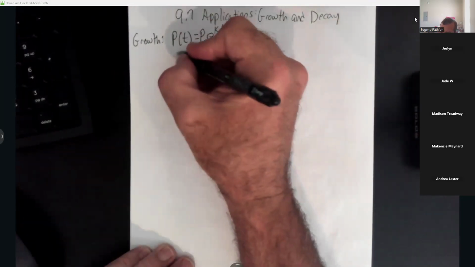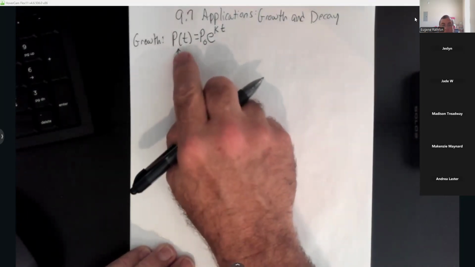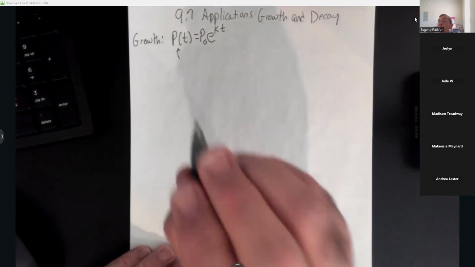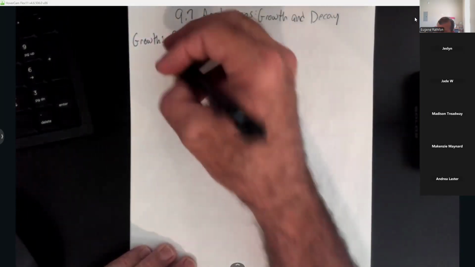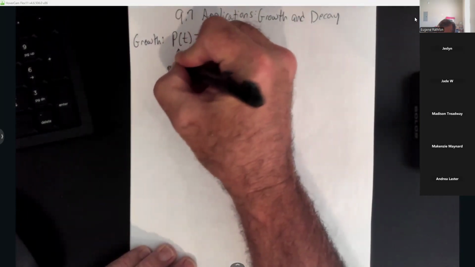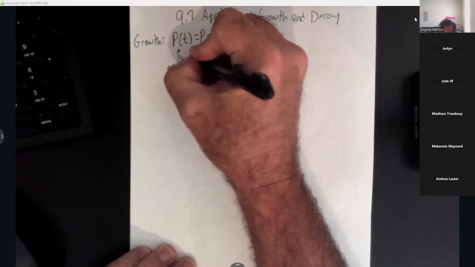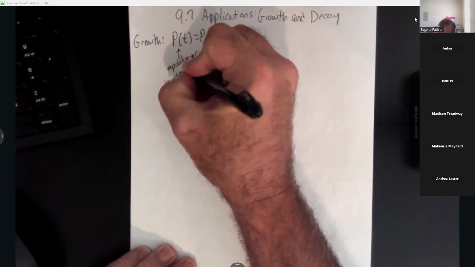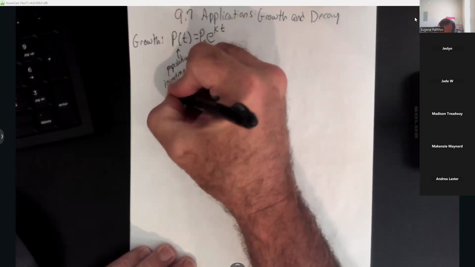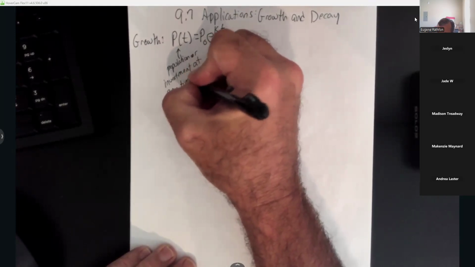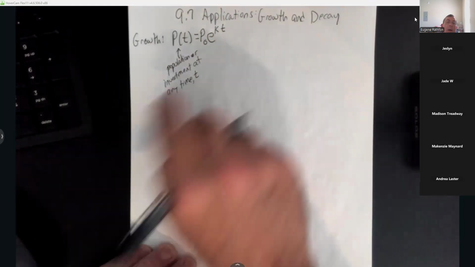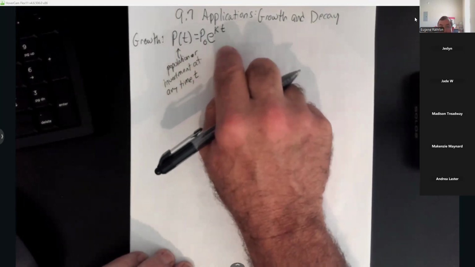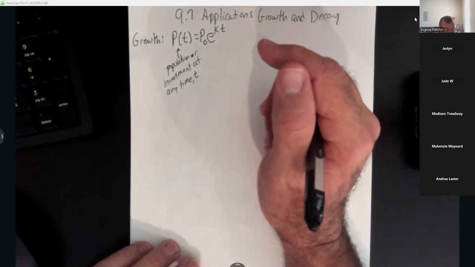So let me explain everything. P of T is the population at any time T or the investment at any time T. So if I know how many years going by, I can plug it into my formula and then find my answers, okay?